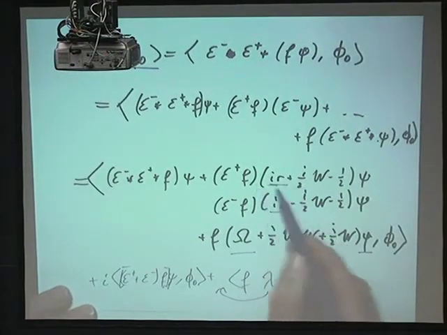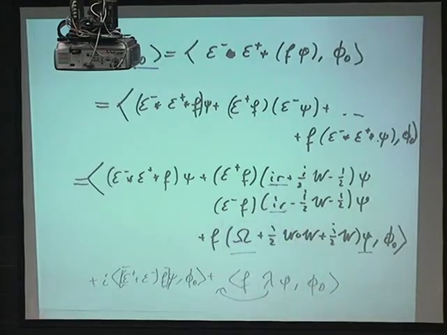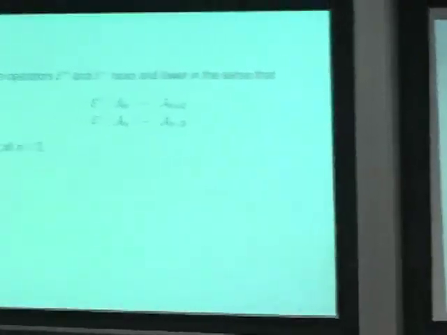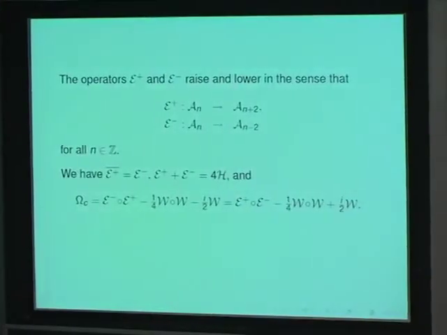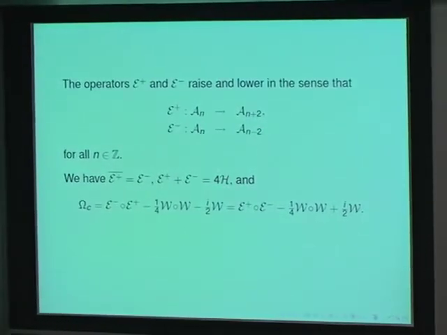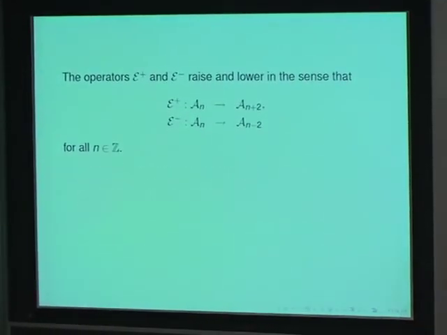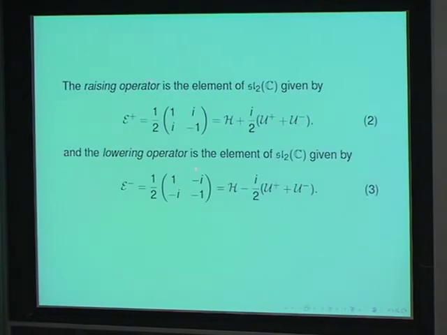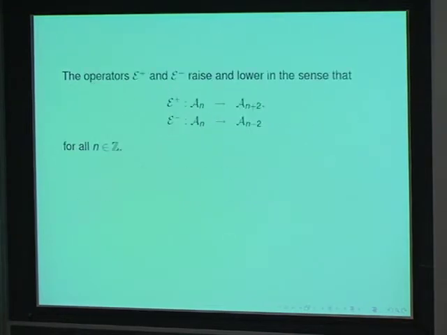So I'm just picking out these two terms. Write them in one way, but there was this before completely useless relationship between the E plus, the E minus, and the H. The sum of E plus and E minus, just because of the very definition. When you take the sum of these two things, the off-diagonal terms die out. What remains are diagonal terms. So the sum of these two gives you an H.